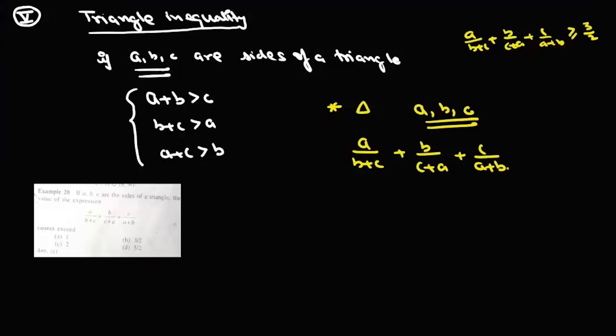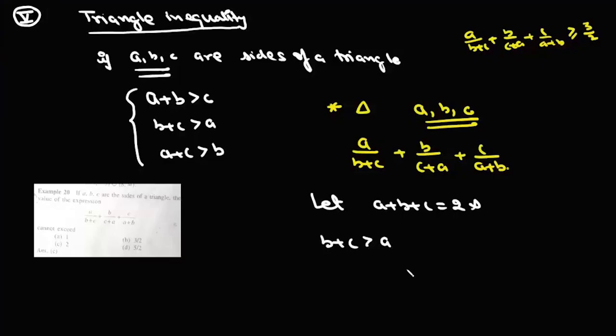Now for this, we'll let a plus b plus c be 2s, where s is the semi-perimeter. Now we know that b plus c will be greater than a.